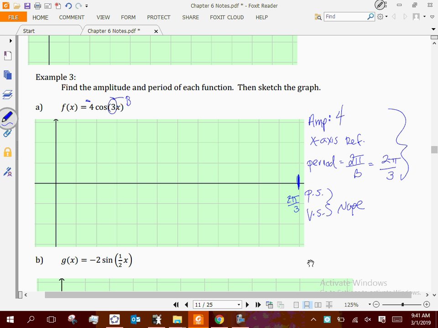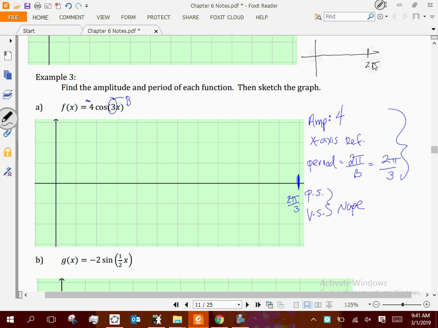When I was learning this, trying to develop a system that always worked for me, I always graphed the parent function on the parent function period right above the question I was doing. It doesn't have to be great, but I always went, okay, that was 2 pi. Well, right now that 2 pi and that 2 pi over 3 relate to one another. Does that make sense?